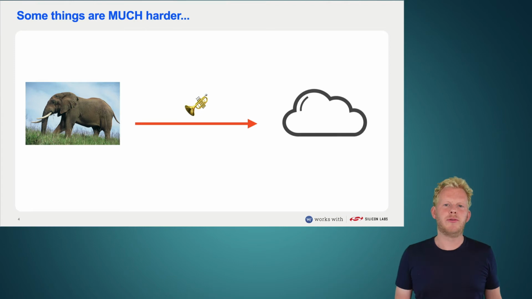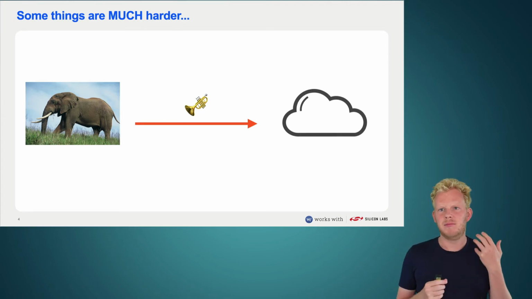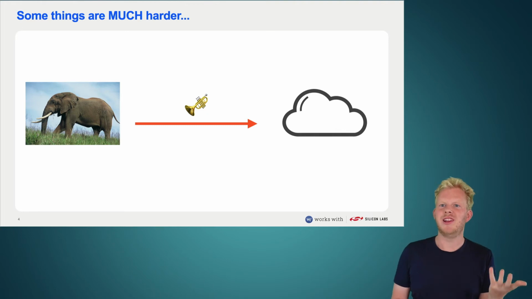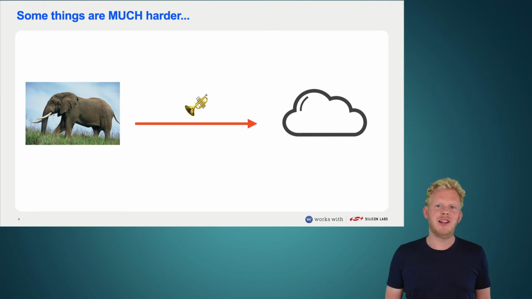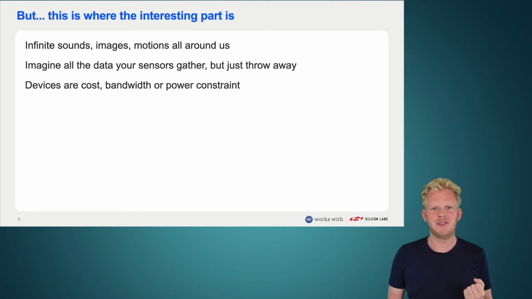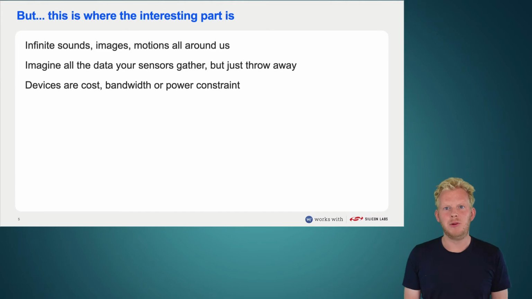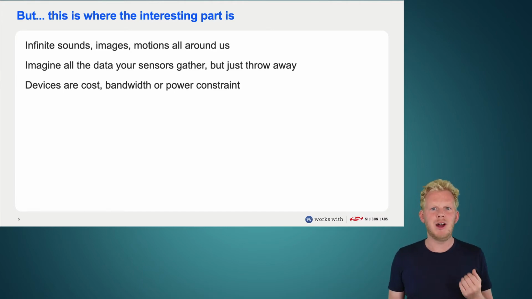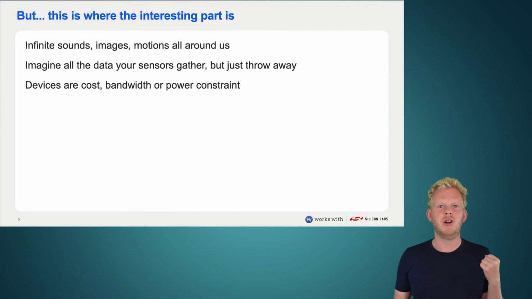So how do we transform something that we as humans can very easily hear or sense and translate that to something that a machine could do? And that's where I think the really interesting part is, because once you are able to do that, then all these infinite sounds and images and motions and everything around us becomes accessible on the computer or on your device.